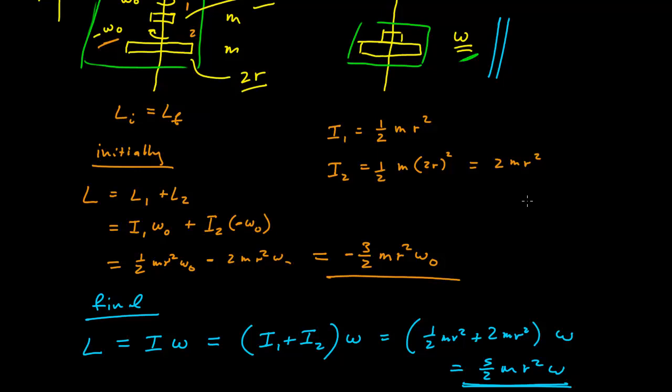So I'm going to just use this space up here. If our initial is equal to our final, then these two have to be equal to each other. Okay. So we have 5/2 m r squared omega is equal to negative 3/2 m r squared omega naught. The m r squareds cancel, the 1/2s cancel, and our final angular velocity is equal to negative 3/5 omega naught.